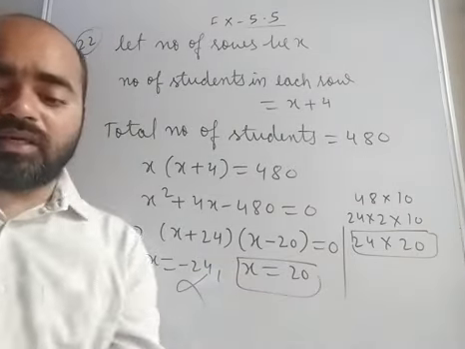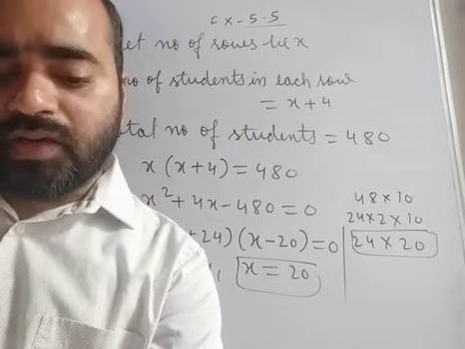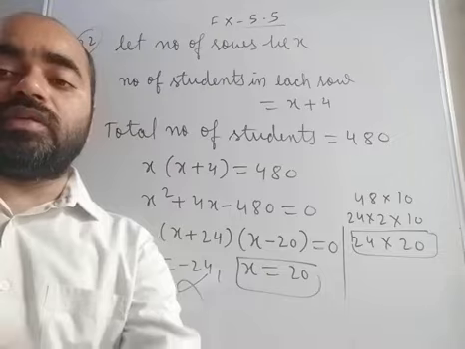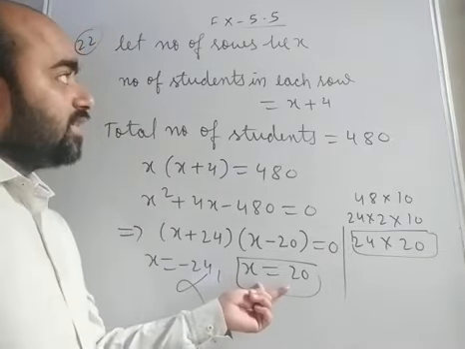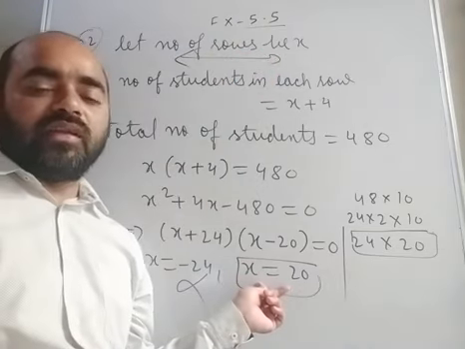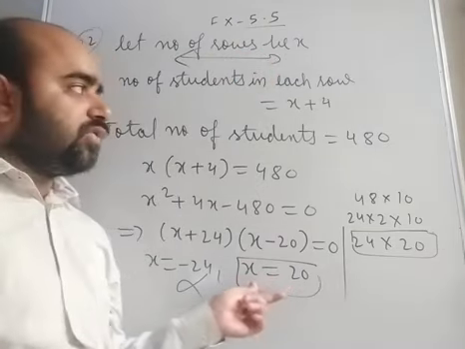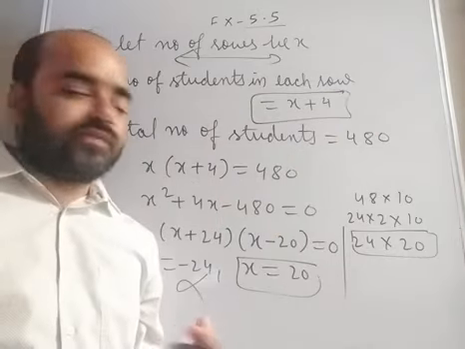But what is asked in the question? Find the number of students in each row. Read the last line properly. What we have taken as x? X means number of rows. But the question is to find the number of students in each row. And what is the number of students in each row? That is x plus 4, and x is 20.